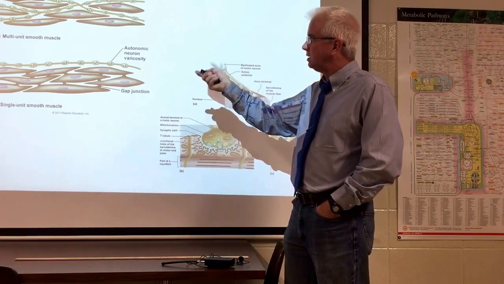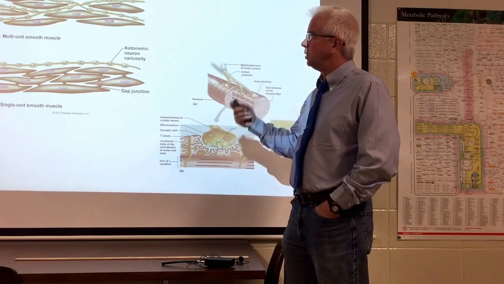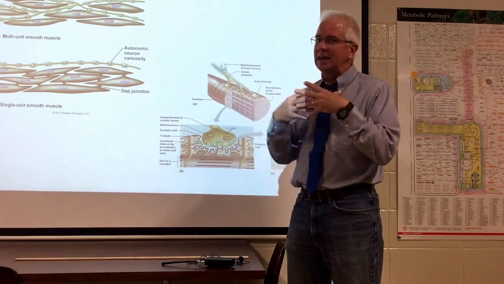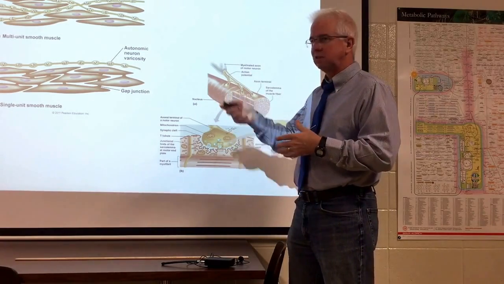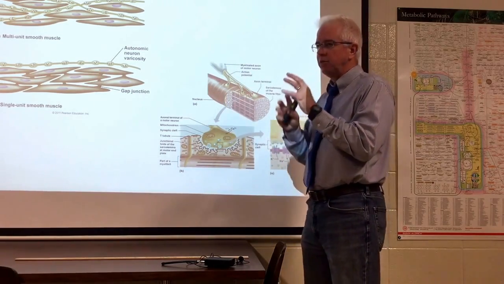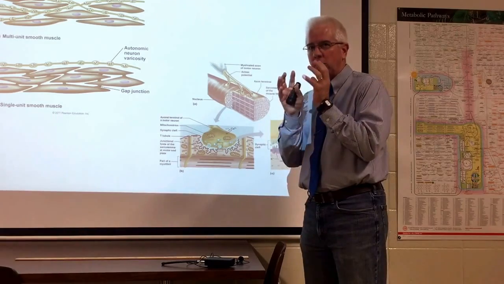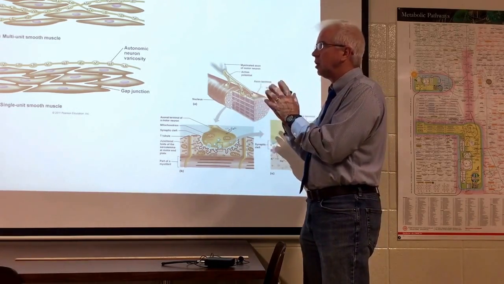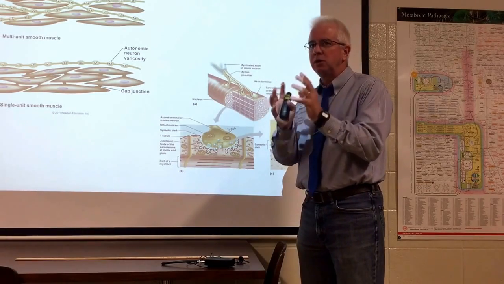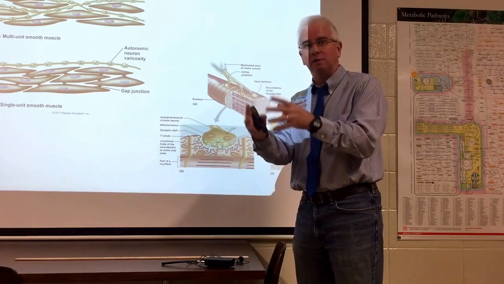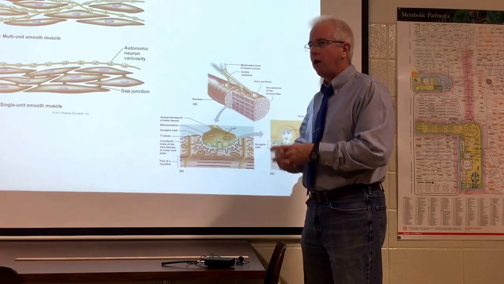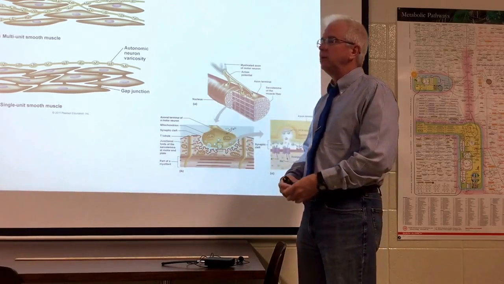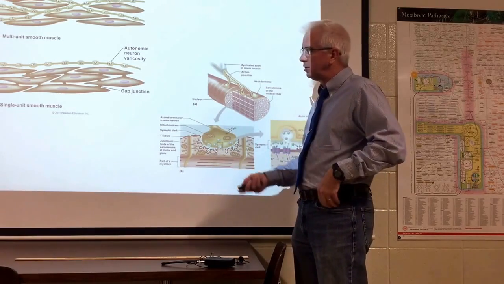So the varicosities that you see here controlling the multi-unit smooth muscle appear to be laced between the smooth muscle cell layers. That is, the chemicals of the autonomic nervous system, and you're going to learn two of them today, the chemicals of the autonomic nervous system that communicate, that stimulate, that cause these muscles to contract are found closer to the cells than you would find in the sheets of single unit smooth muscle.